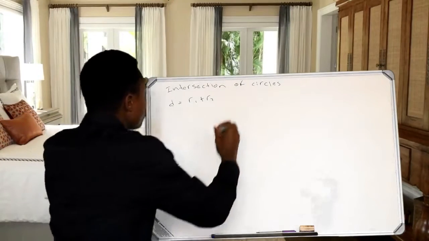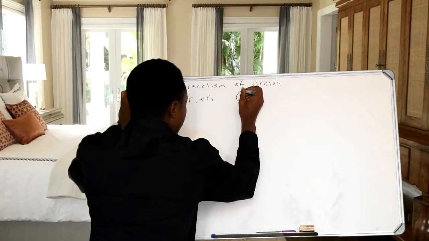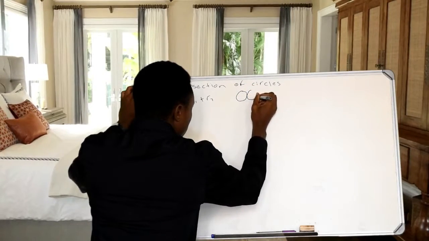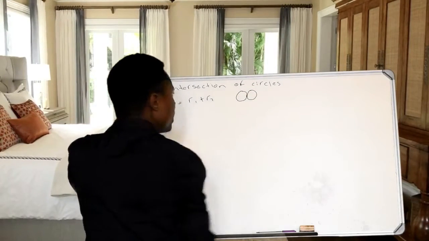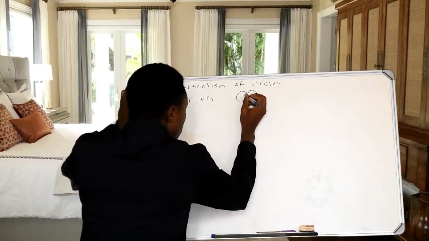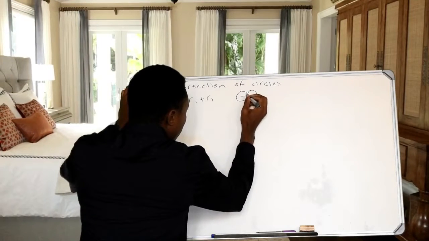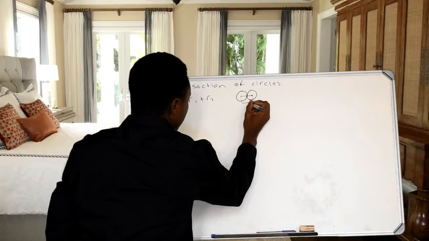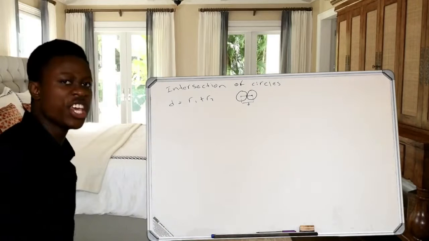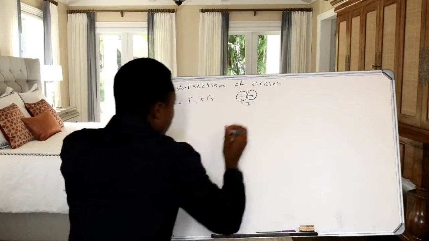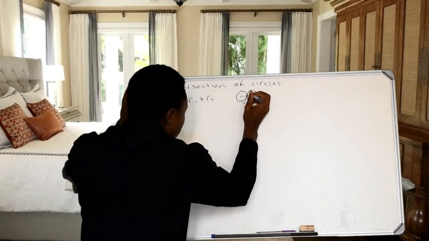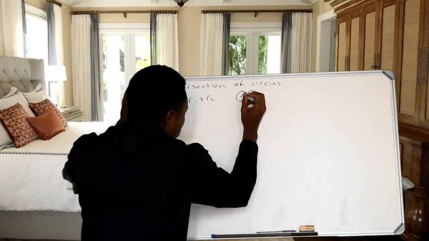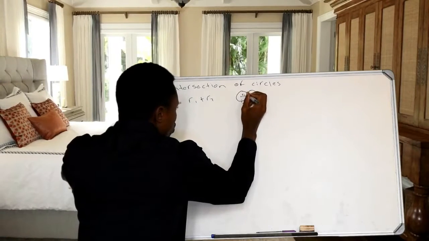So what am I saying? I'm saying that this is your circle, right? And that's 1 point where they touch, right? The distance between here, that distance is equal to the addition of the radii, which is from here, this is R1, this is R2. R2 is from that center to the end of that circle.